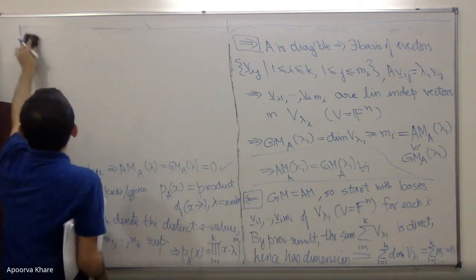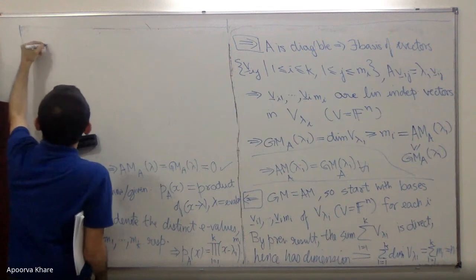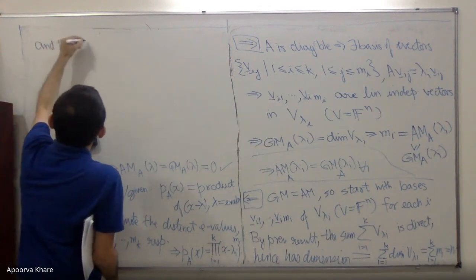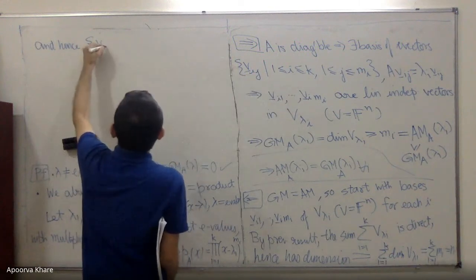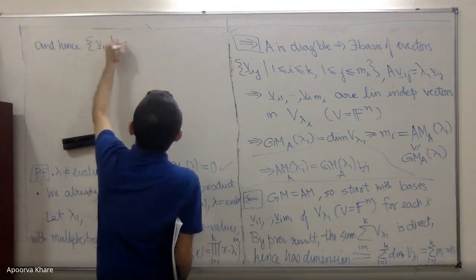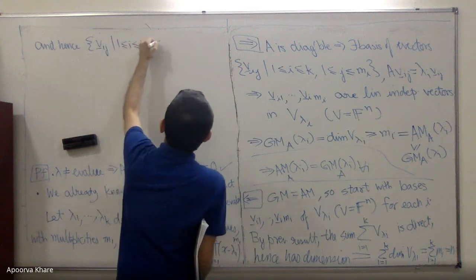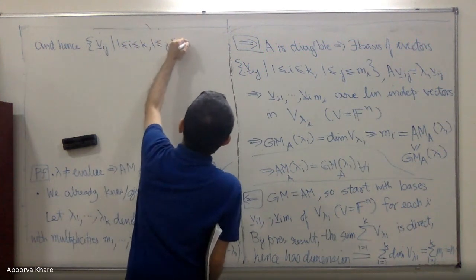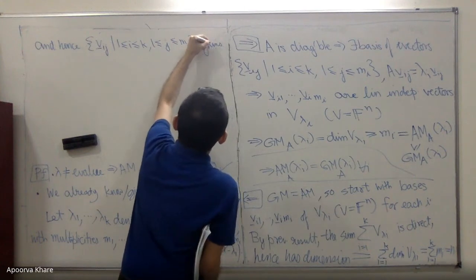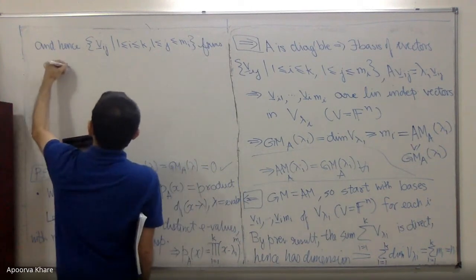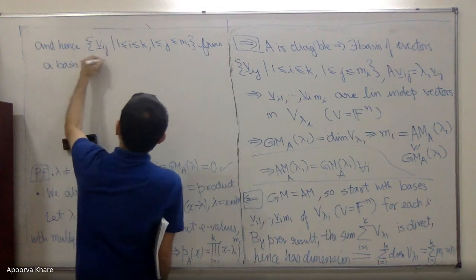Hence the V_ij form a basis of F to the n.